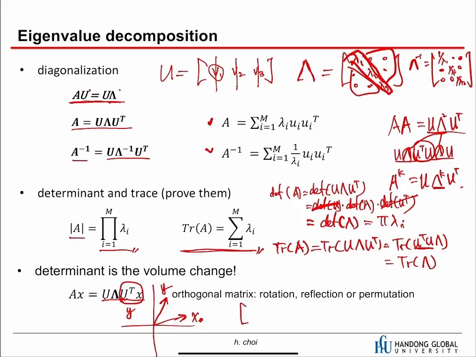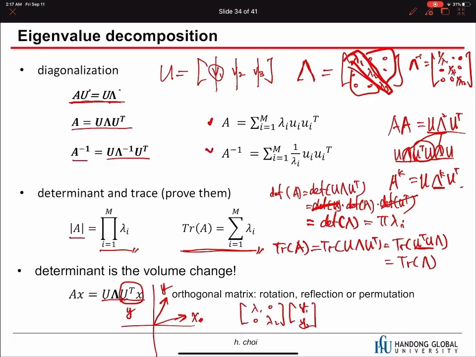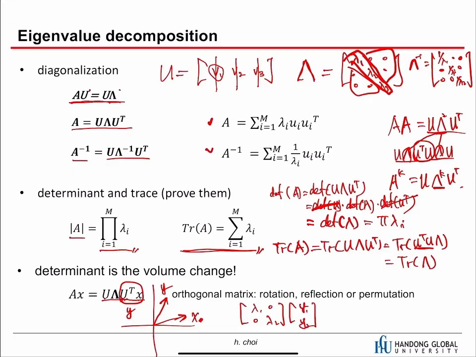In the two-dimensional space, it is lambda 1 and lambda 2, and we multiply it by the vector Y.